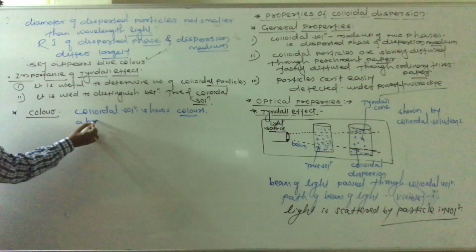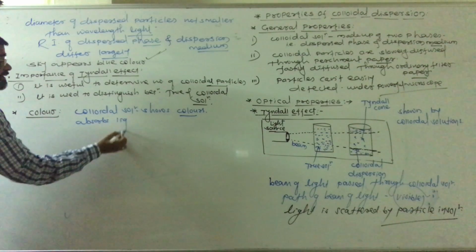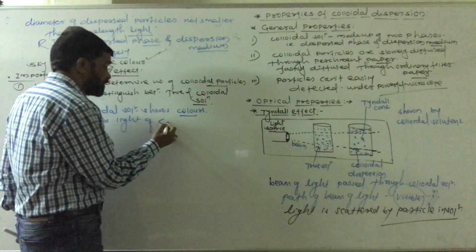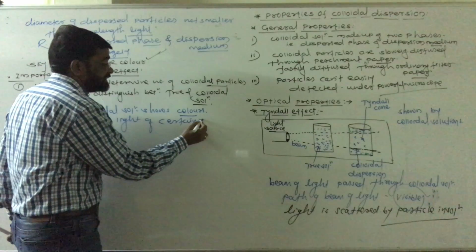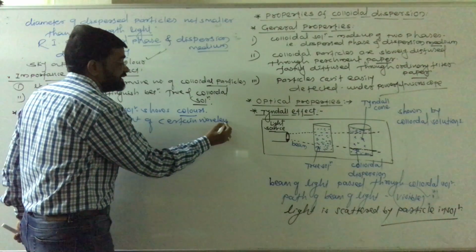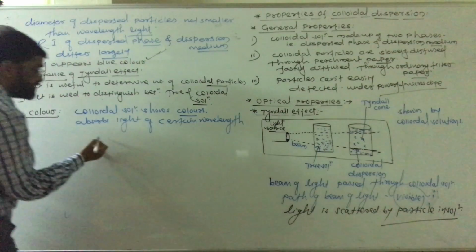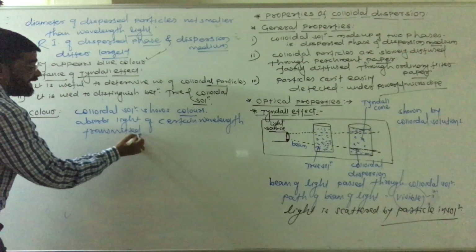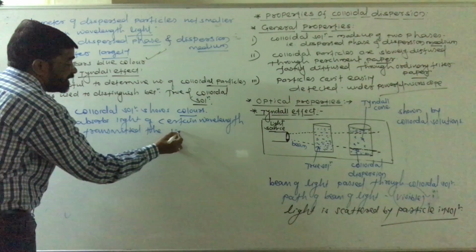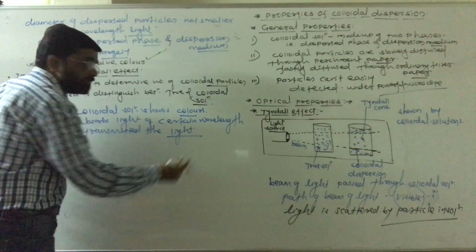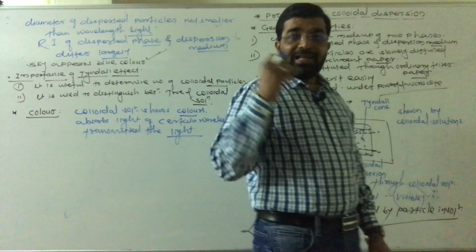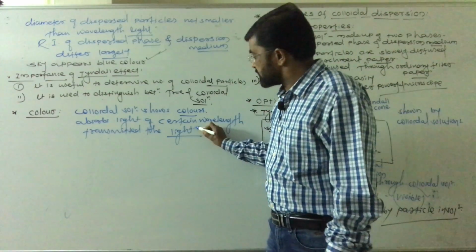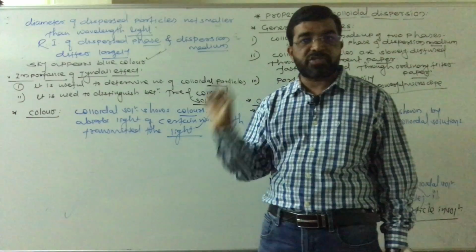Because they absorb the light of certain wavelength and transmit the light of another wavelength. Light of certain wavelength is absorbed and light of another wavelength is transmitted, and therefore they appear colored.